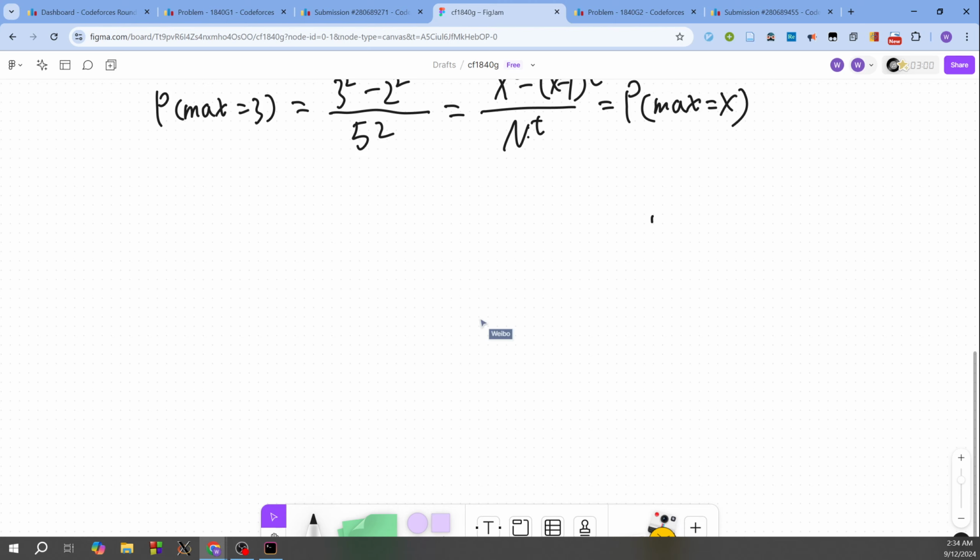With that in mind, I want to calculate, let's say, P(max) less than or equal to n and greater than or equal to n minus 3.